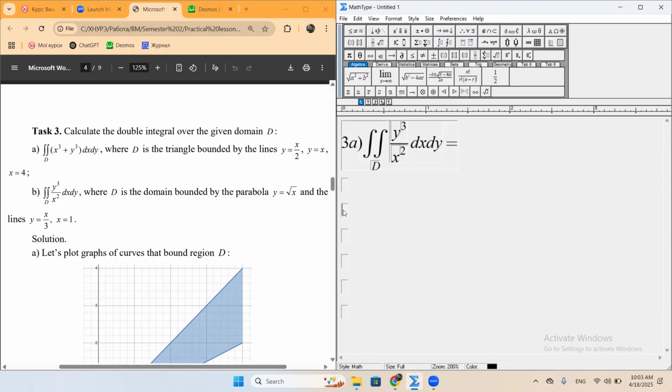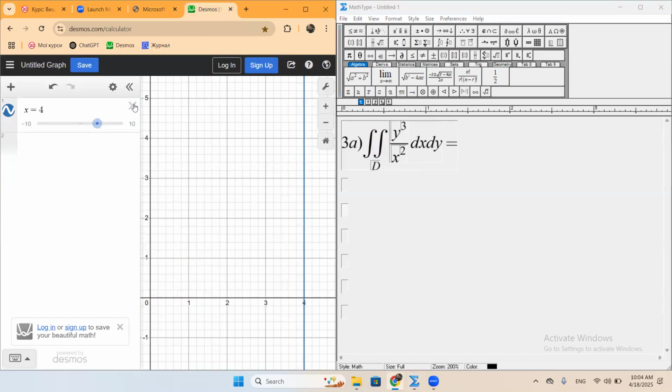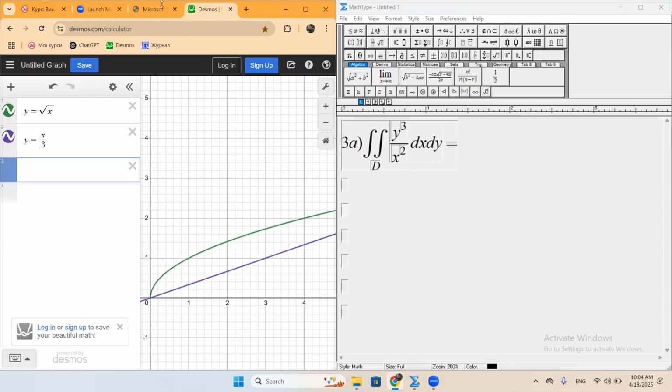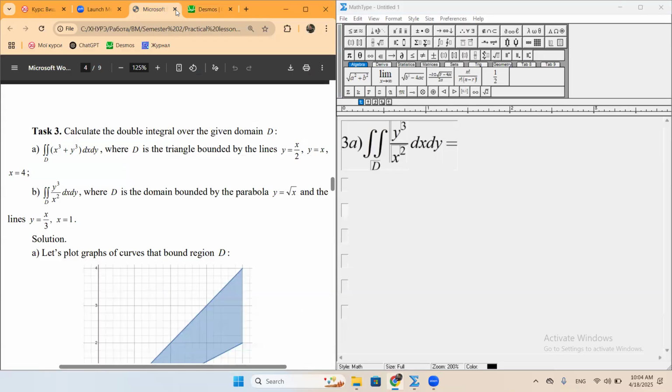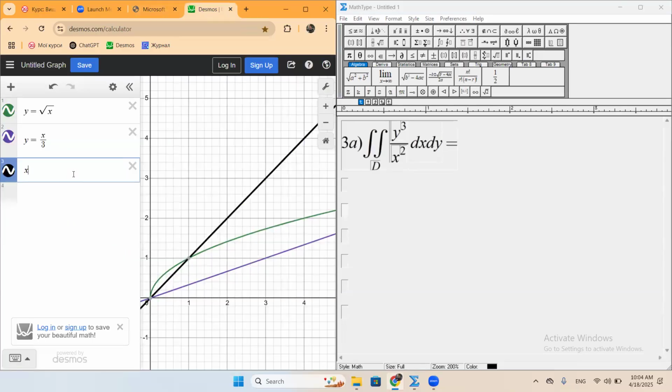And let's first of all plot the graph. So y equals square root of x, y equals x over 3, and if I'm not mistaken, x equals 1.